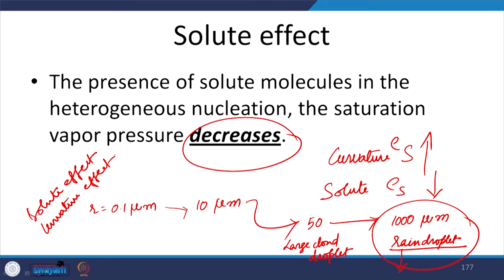Now, let us combine these two effects and see mathematically how the overall saturation vapor pressure changes with respect to a plane surface or curved surface, and in the presence or absence of solute.